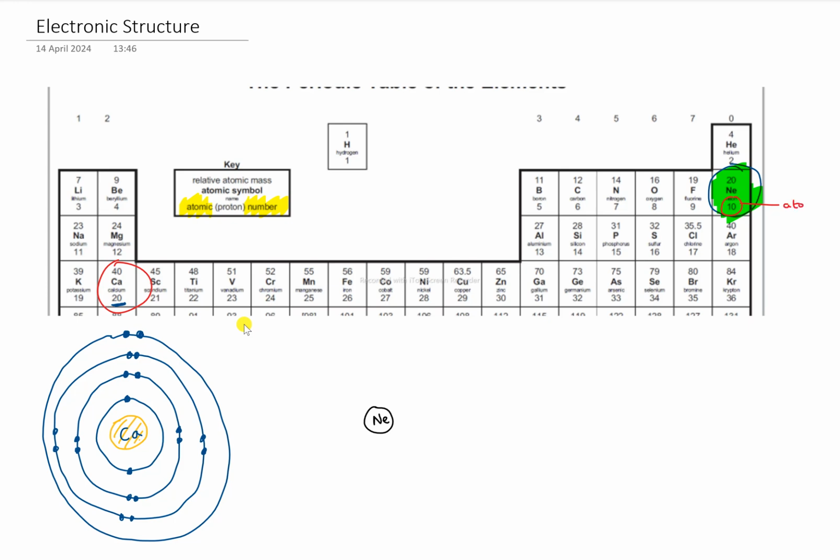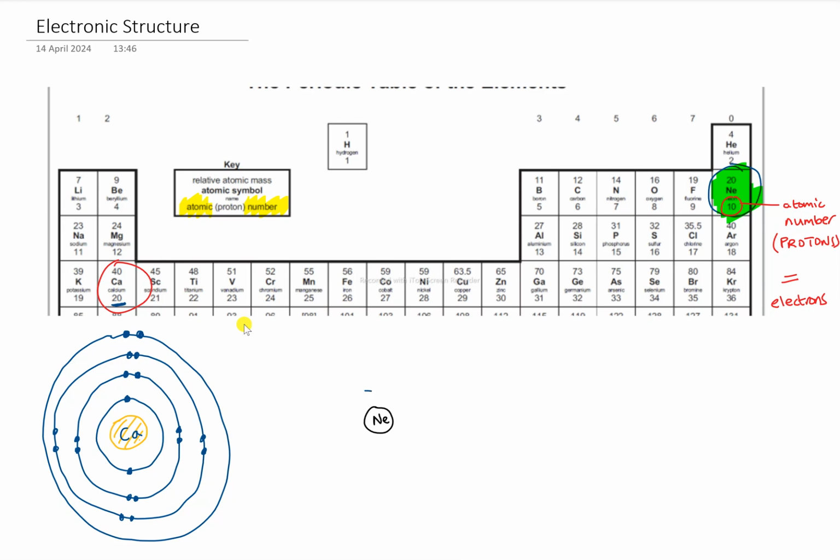I hope you can read that. It stands for the number of protons. It also happens that it's equal to the number of electrons, but it does not stand for the number of electrons. So we need 10 electrons.